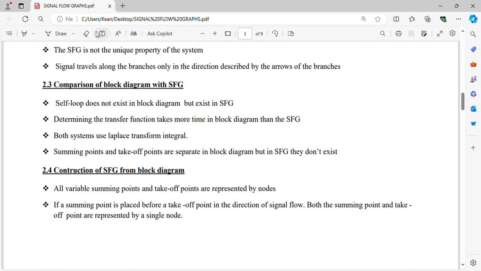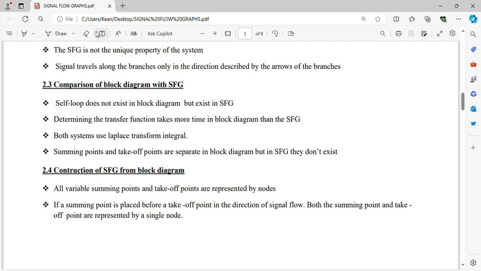We now compare the signal flow graph and the block diagram. One, the self loop does not exist in a block diagram, but it exists in a signal flow graph. Then, determining the transfer function is easier with a signal flow graph compared with a block diagram, because in a block diagram we have to perform the block reduction technique, which is a bit more rigorous.